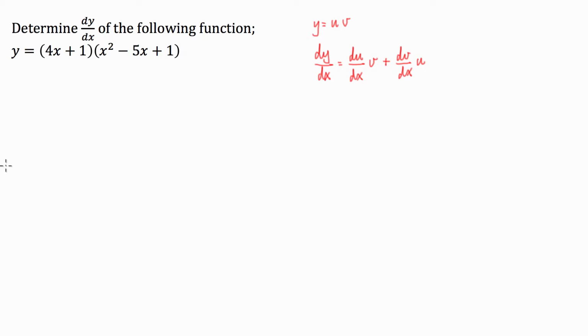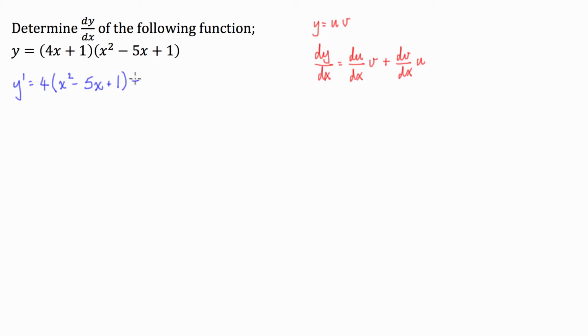So the derivative of this, we're going to denote derivative today as y prime. It's going to be equal to the derivative of the first function, which is simply 4, times by the second function being left constant. So x squared minus 5x plus 1.